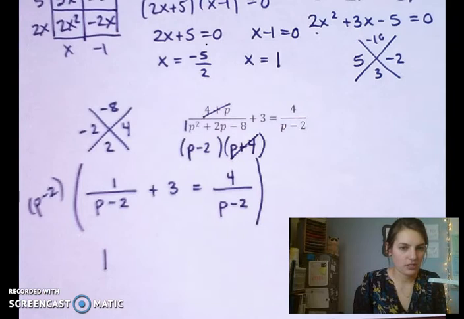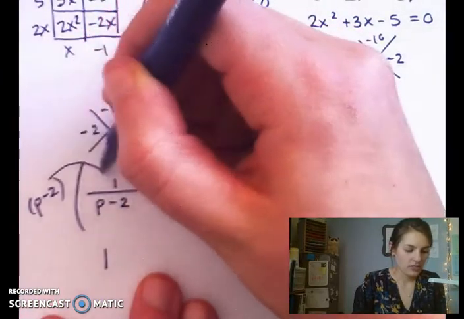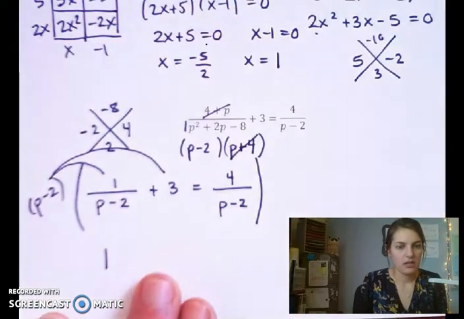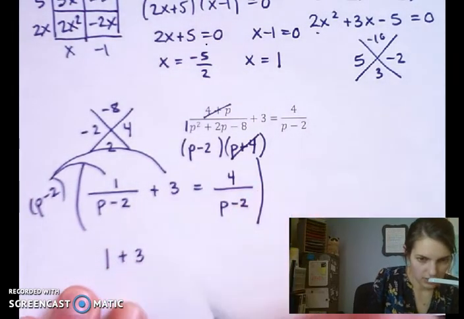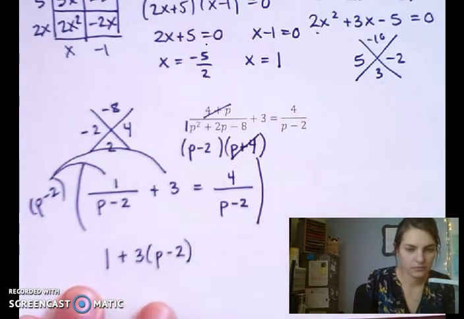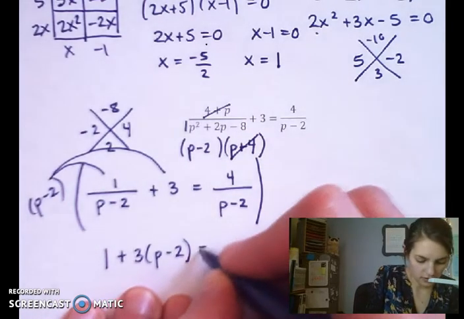Let me know if you have questions about that. Write them down, bring them to class. So then we just did that multiplication. Now we're multiplying p minus 2 times 3. So there's no denominator, so it's just 3 times the factor p minus 2, which we'll simplify in just a second. And then equals.